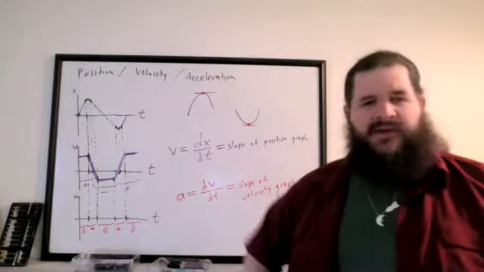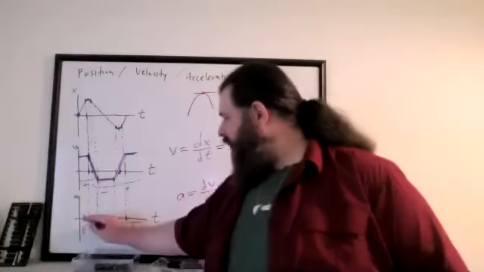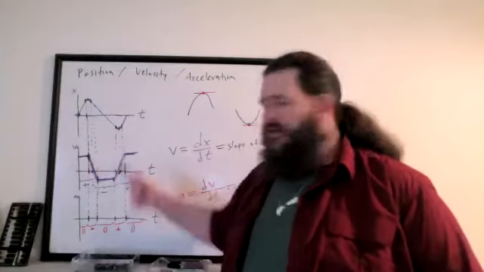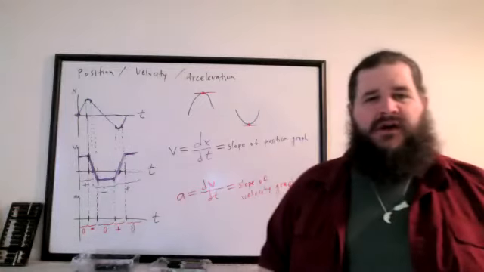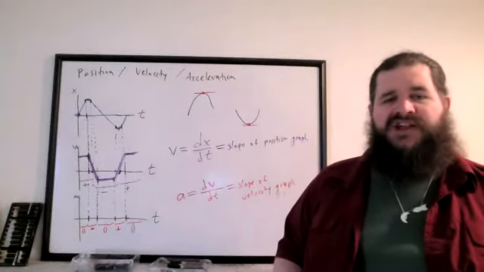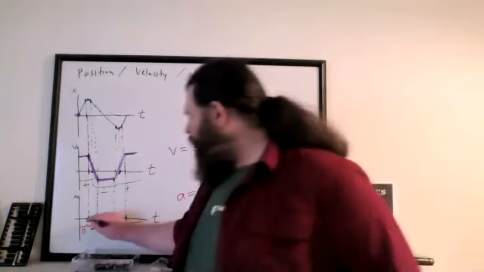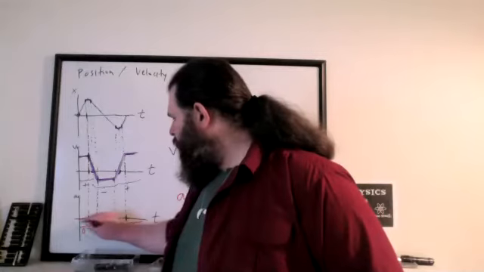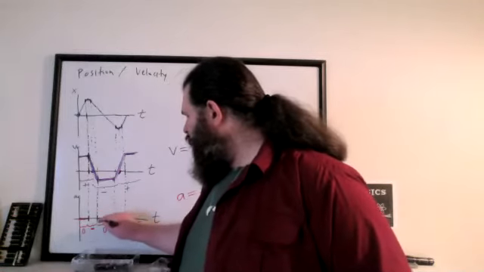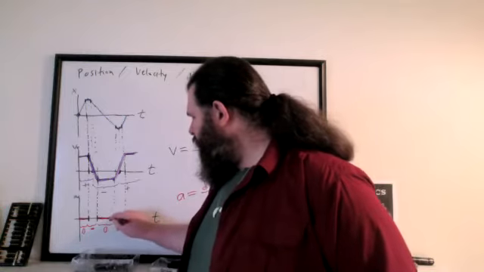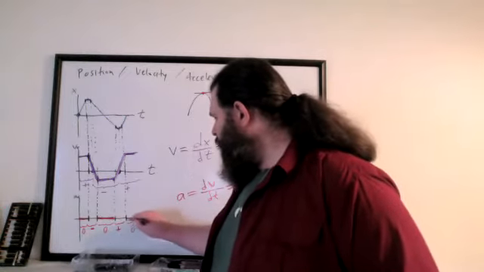So that means the acceleration graph has to be 0 in these regions. In any region where the velocity is constant, the acceleration has to be 0, because constant velocity means no change in velocity, which means no acceleration. So we can fill those in right away: 0 acceleration during those periods of time.